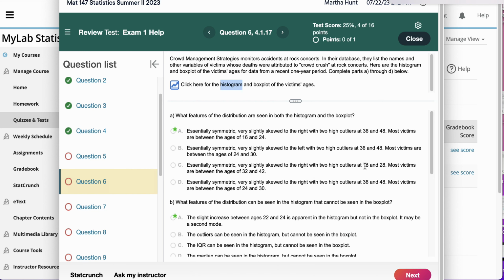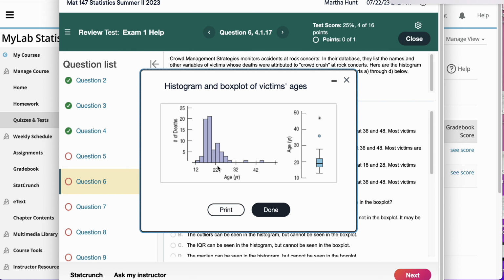Let's see. They say the slight increase between 22 and 24. Oh. Well, I'm glad I know the correct answer, because this is on the low side, then it pops up between 22 and 24, and then it goes back down again.